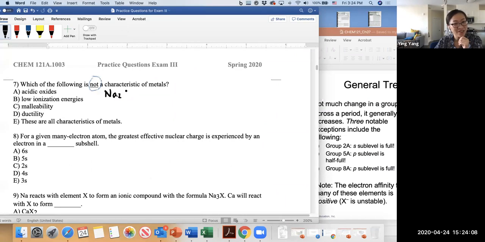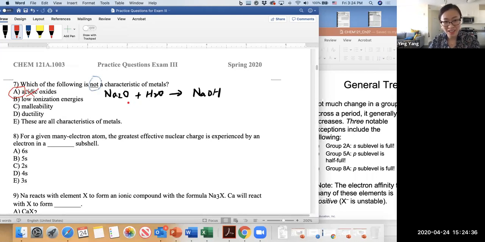If we have a metal oxide and put it in water, what will it form? It's going to form sodium hydroxide, which is a strong base. Therefore, metal oxides are basic, they are not acidic. Therefore, this is not a characteristic of metals, so the correct answer is A.